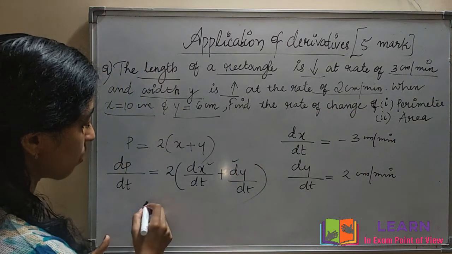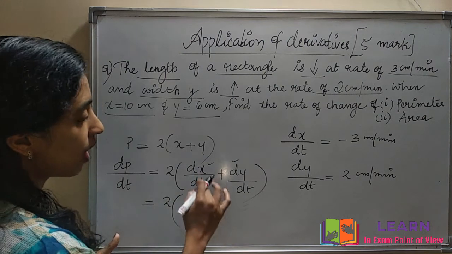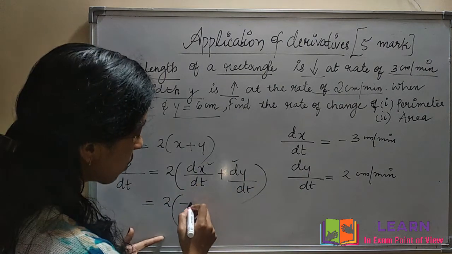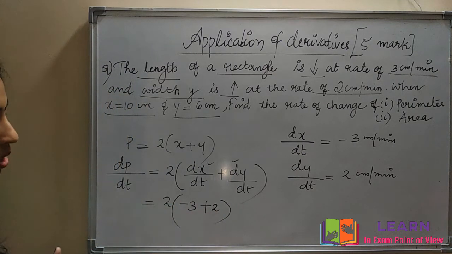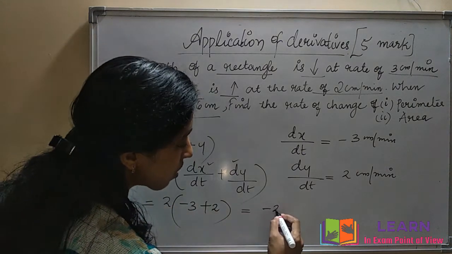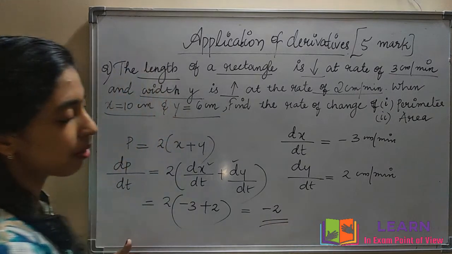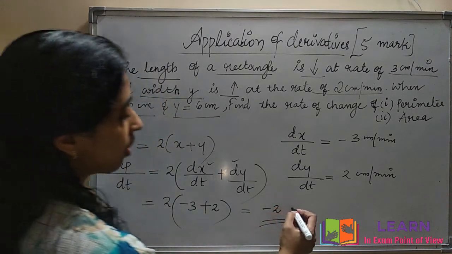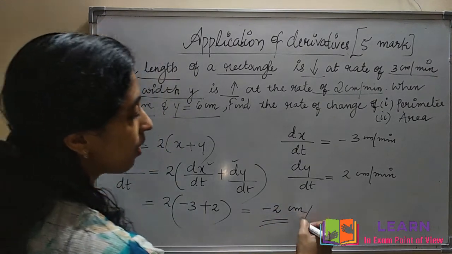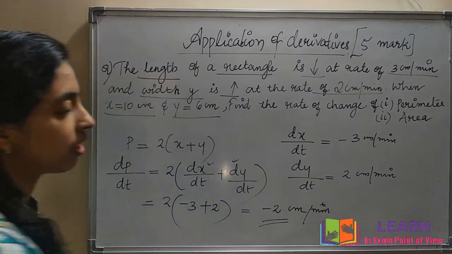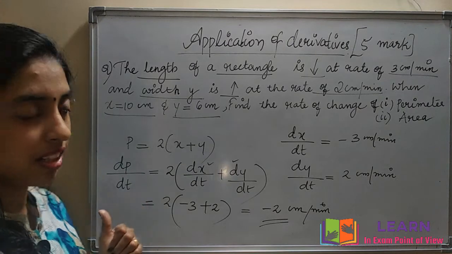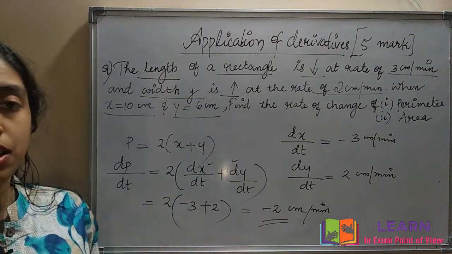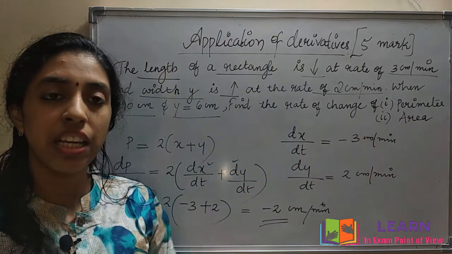Substituting, 2 into dx/dt, which is negative 3, plus 2. So this becomes minus 1 into 2, we have minus 2 centimeter per minute. That is the perimeter. Minus 2 means it is decreasing, correct? It's a negative sign.